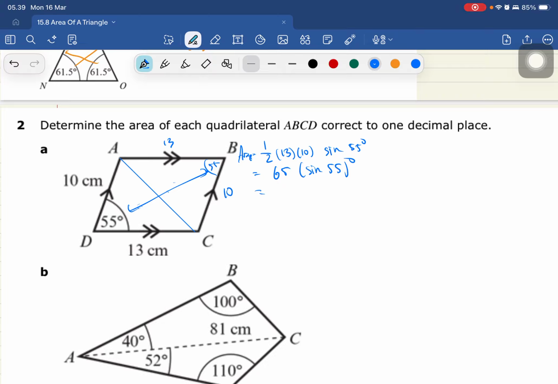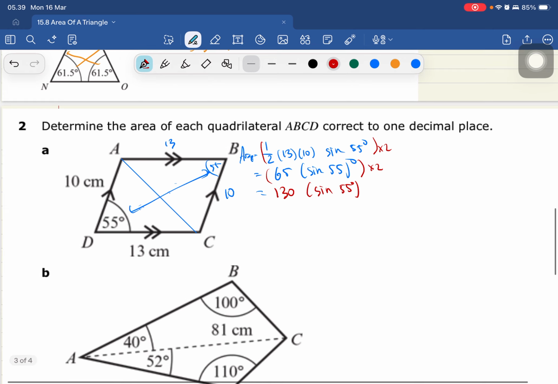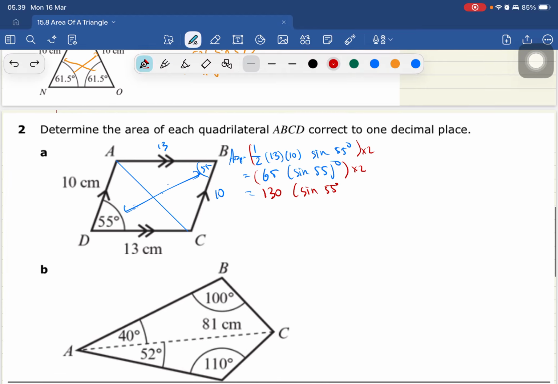As we got 2 triangles, we will double it. So times 2, here also we make it times 2, so 130 multiplied with sine 55 degrees.